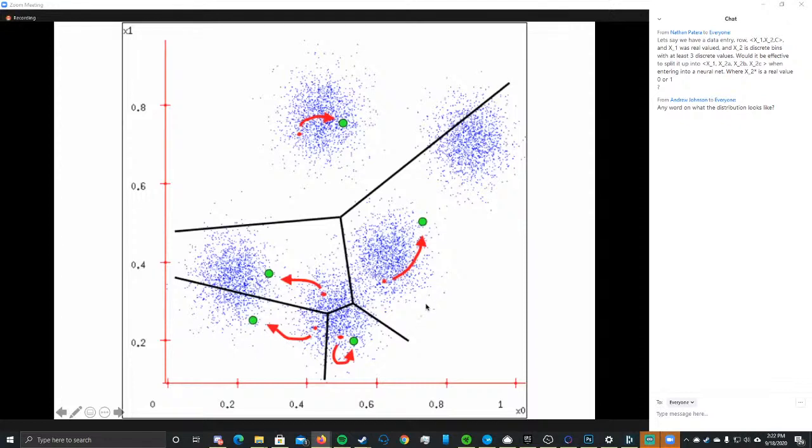Now notice the other thing, overlaid on this diagram are these black lines that are borders essentially separating our current clusters. Now, if you look carefully, that's actually a Voronoi diagram. But it's a Voronoi diagram that has been constructed based only on the centroids.